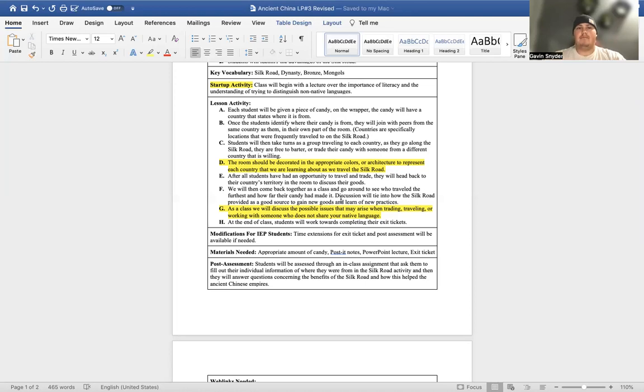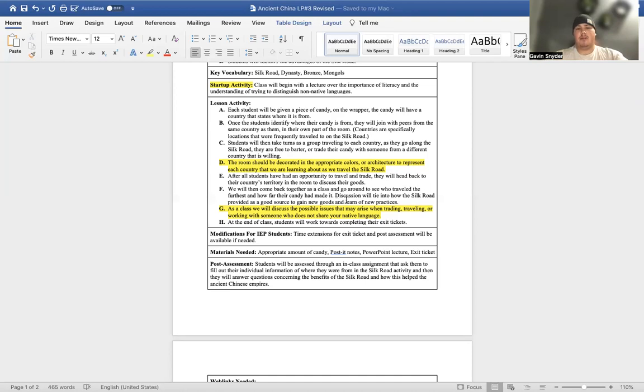Somebody may have started here and ended all the way down there, or they only went halfway. They got what they wanted, didn't see anything else. But each student will have a discussion over that, and then we'll see what candy made it the furthest. I already mapped out the different miles and things like that.